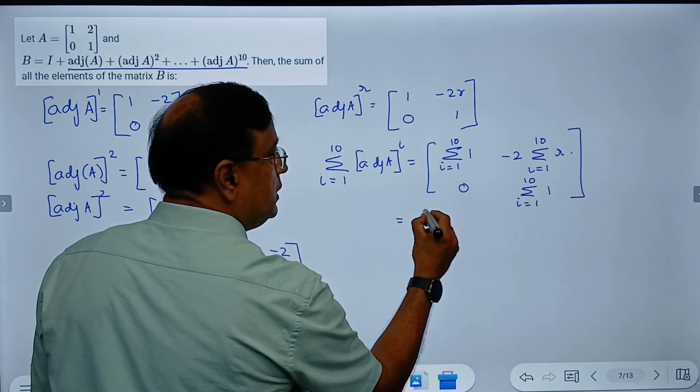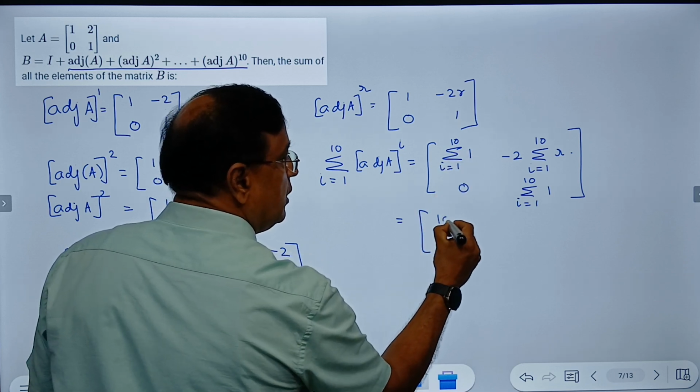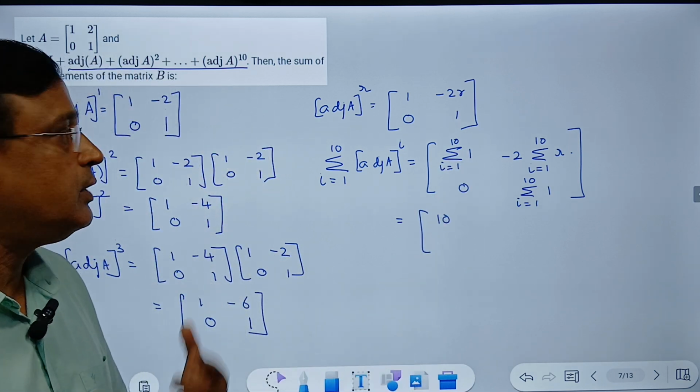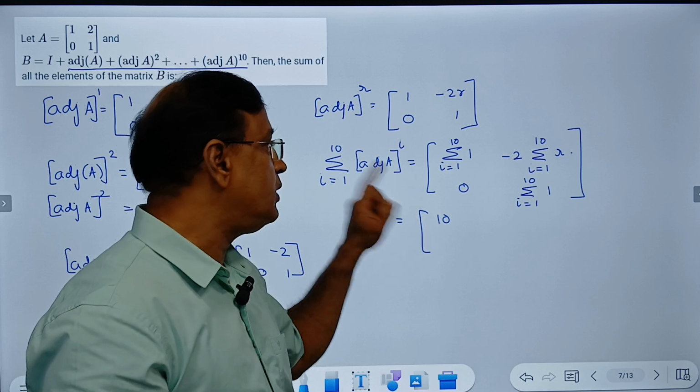Now this is very clear that this is nothing but 10. If you add 1 ten times, you get 10.